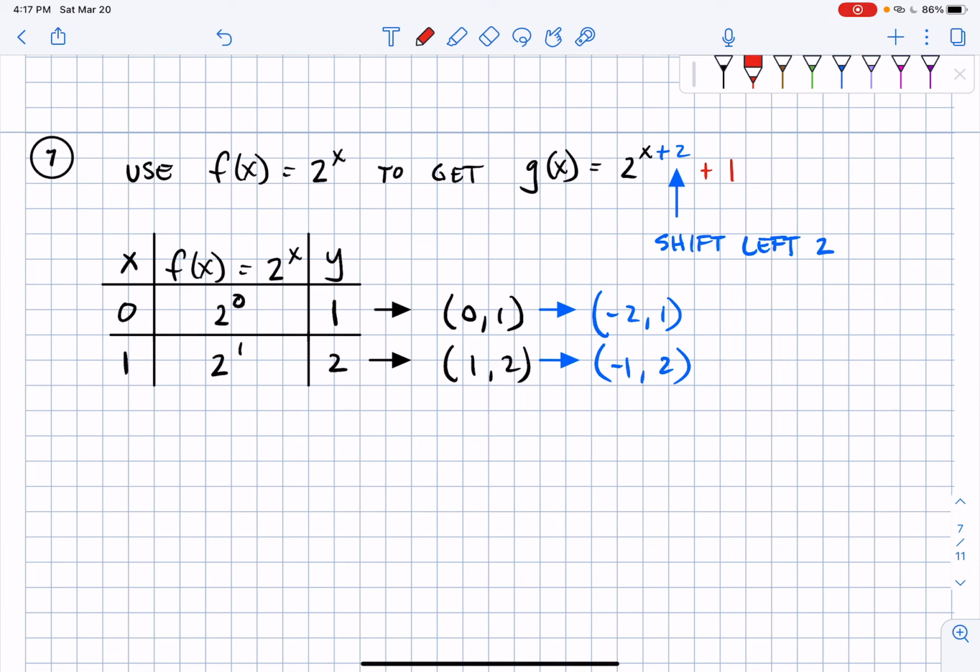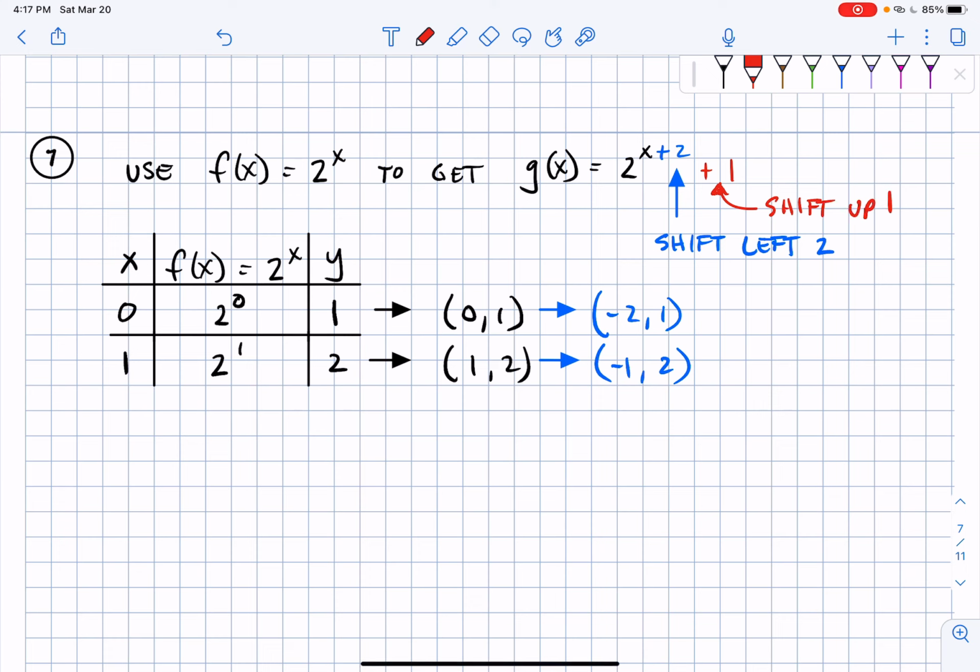What does this tell me then? The plus 1 means to shift up 1.